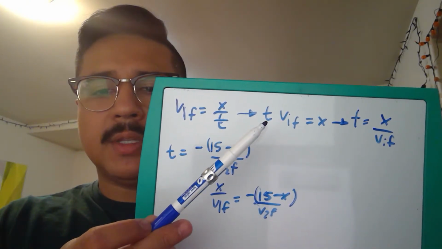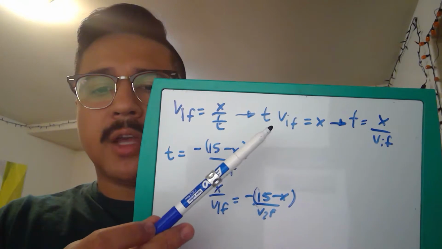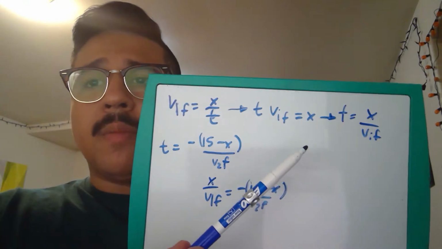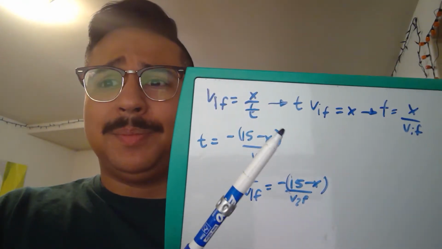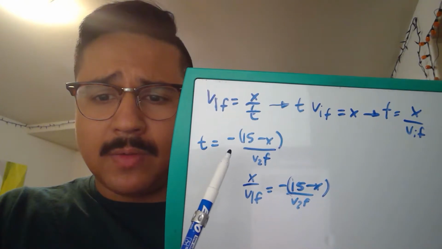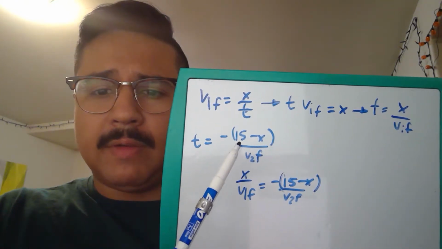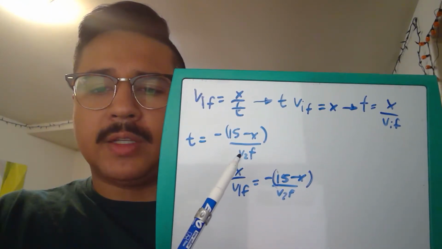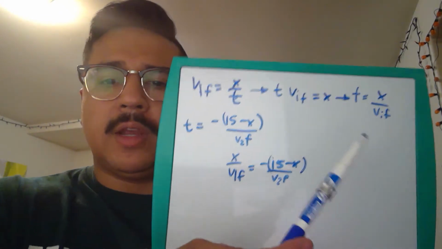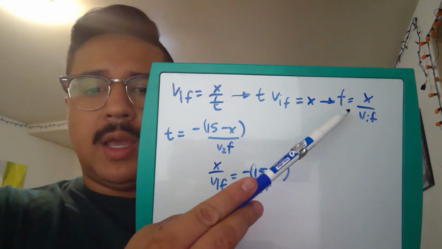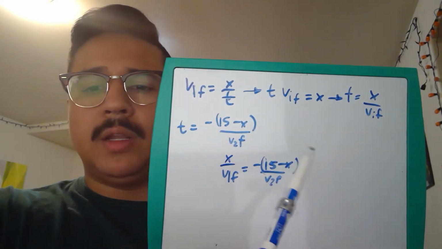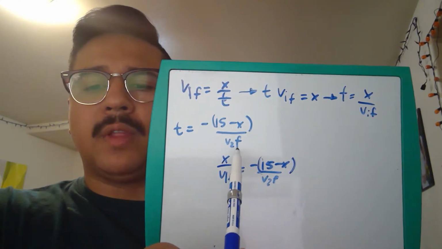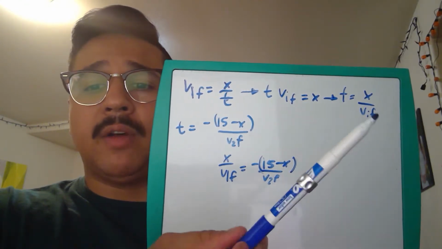So we get t times the final velocity of the first object is equal to x, and then we're going to arrange it so that we can solve for t. So here we have t is equal to x over the final velocity of object 1. And here we have t is equal to negative 15 minus x over the final velocity of object 2.